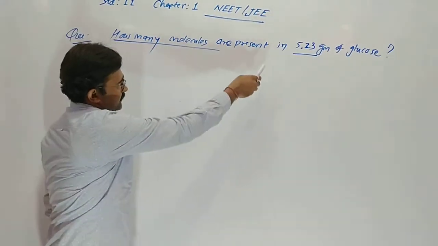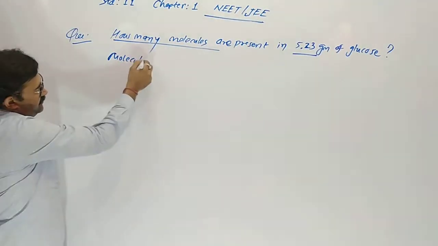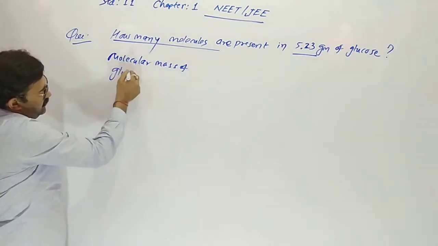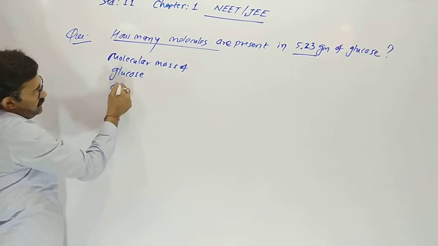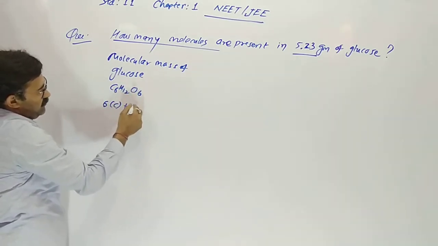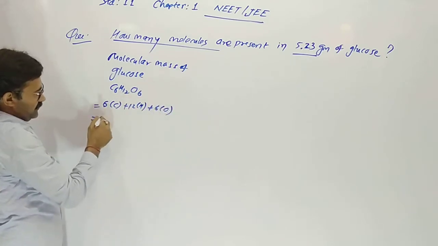First of all, the molecular mass of glucose, C6H12O6: 6 carbon, 12 hydrogen, 6 oxygen.